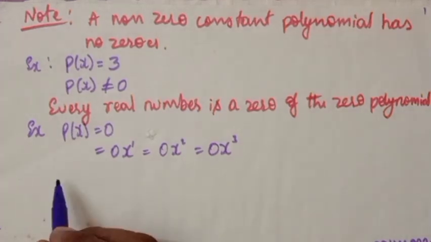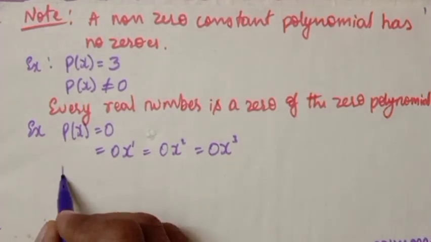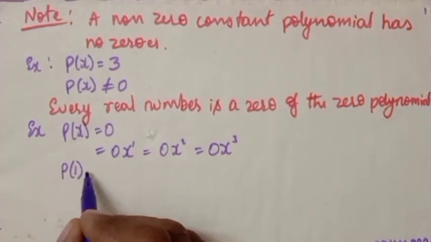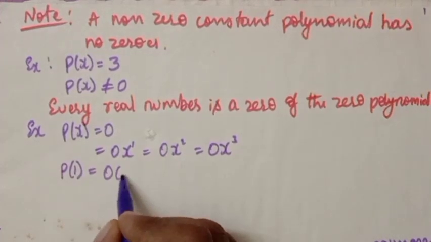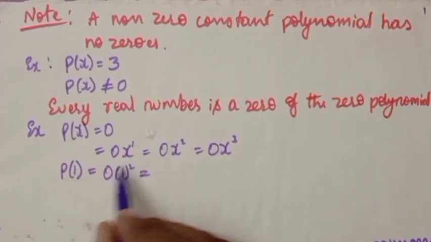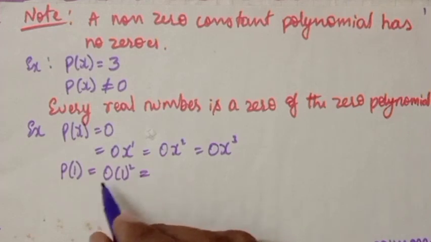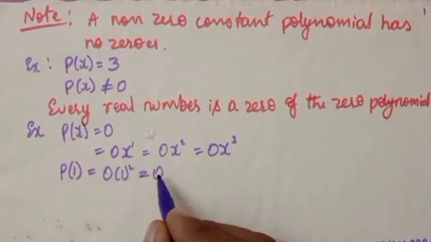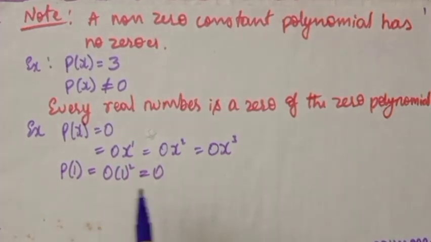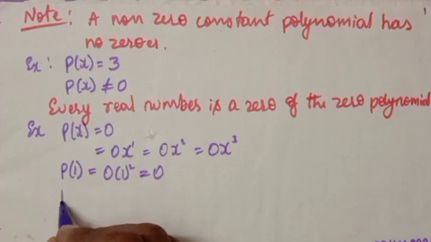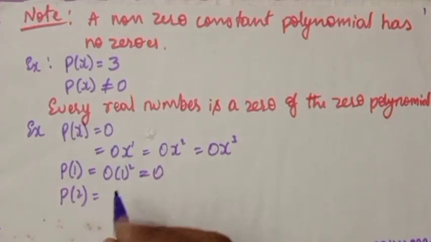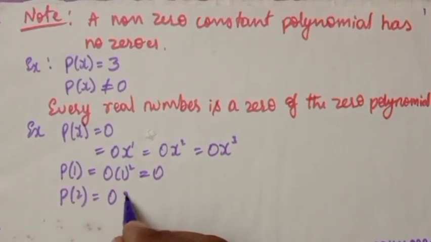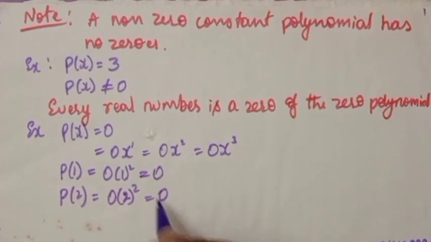So, let me take this example, p of 1. Let me take 0 into 1 square. So, anything into 0 is nothing, that is 0. Therefore, p of 1 is equal to 0. Let me take p of 2. So, 0 into 2 whole square, that is also equal to 0.